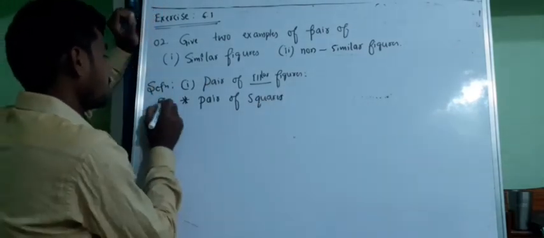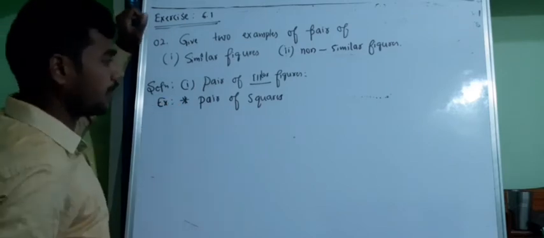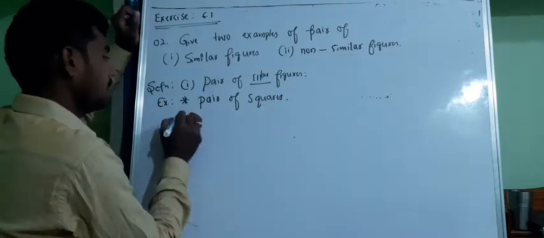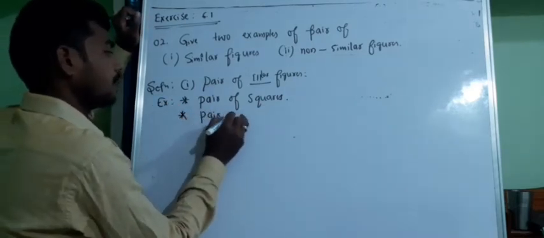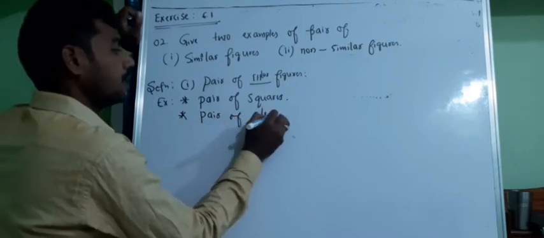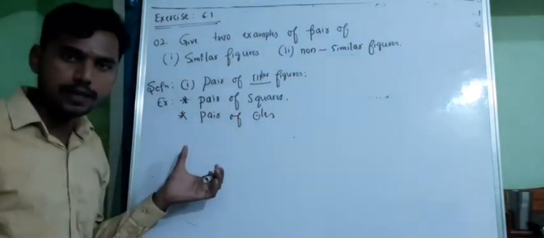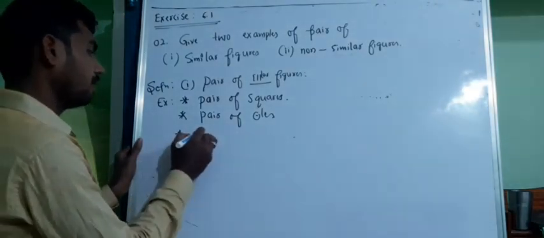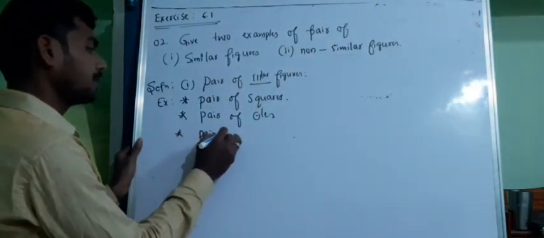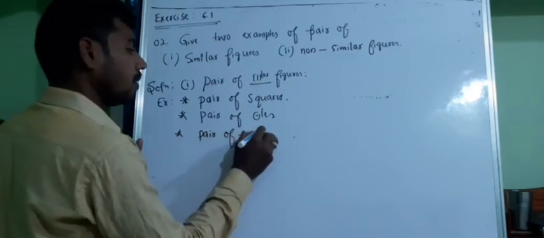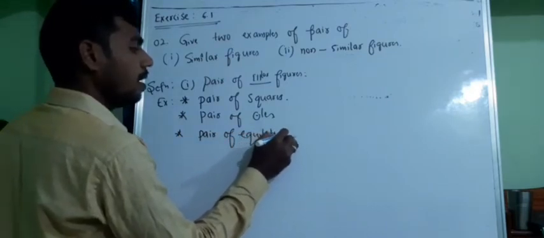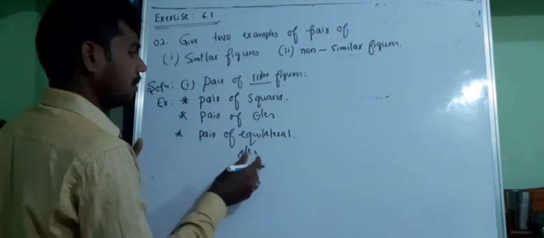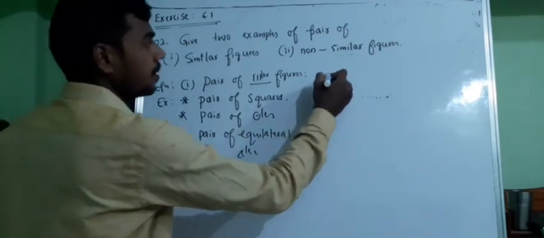First example is a pair of squares. Second is a pair of circles. A pair of circles will also be similar. If you want, you can also give a pair of equilateral triangles. You can search for some more examples.